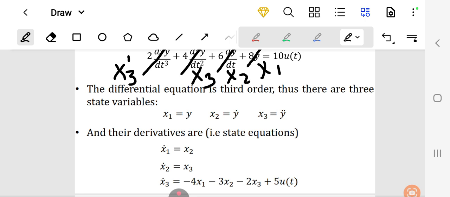Then we have negative 4x1, as we divide 8x1 by 2, negative 3x2, negative 2x3 plus 5u, as we divide the whole equation by 2.